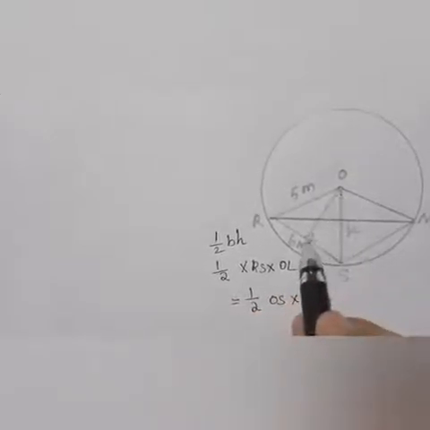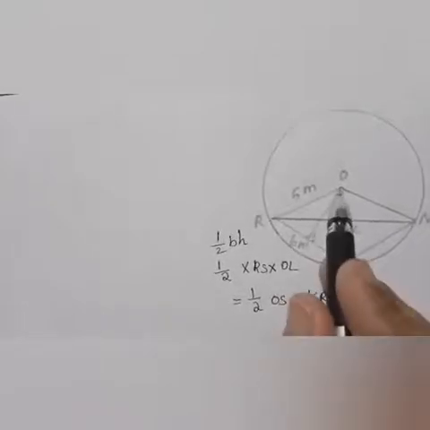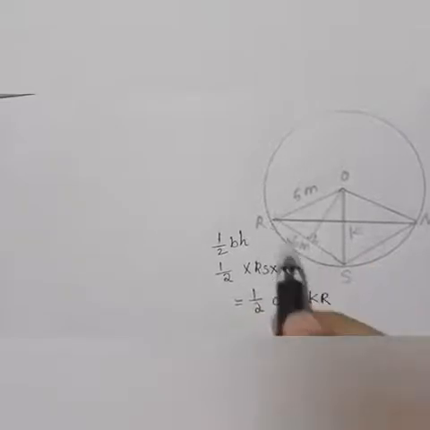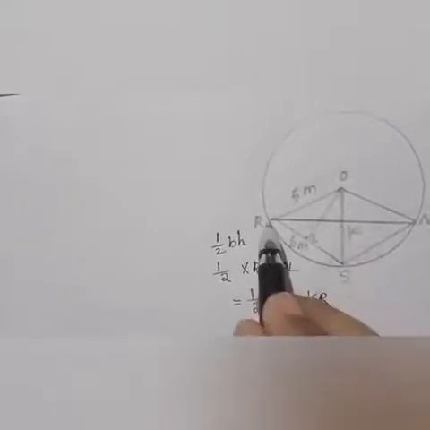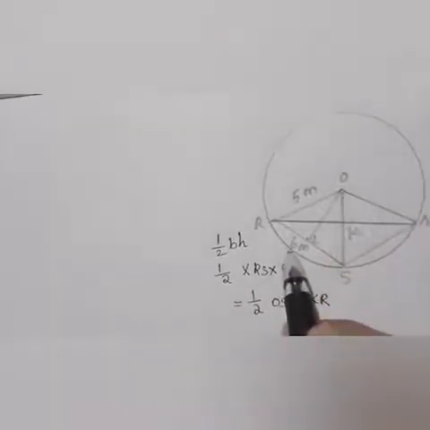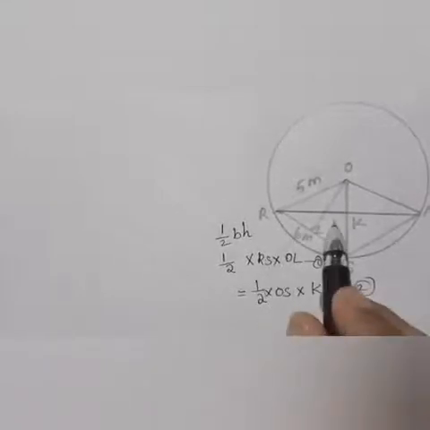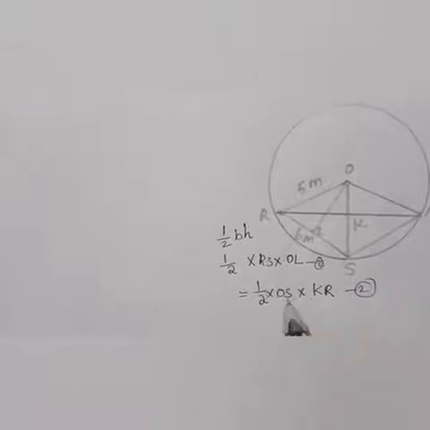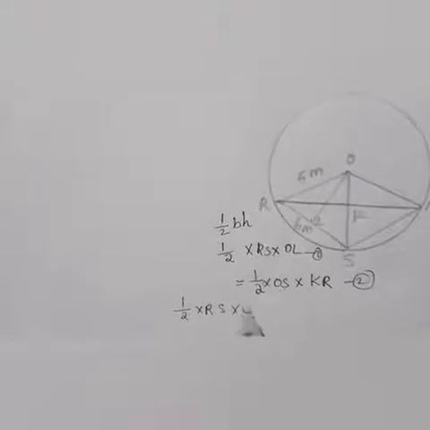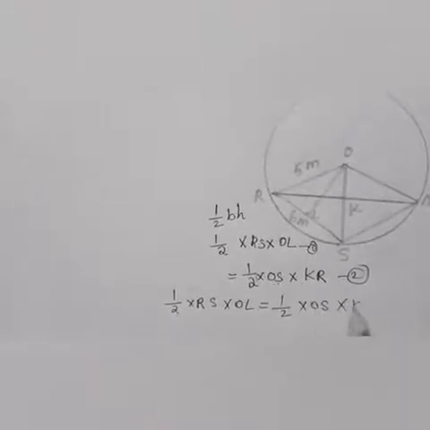OL is the perpendicular line segment from the center to RS, and RK perpendicular to this OS. So we take OS into KR. So both are areas of the same triangle. So from 1 and 2 we can equate half into RS into OL equal half into OS into KR.